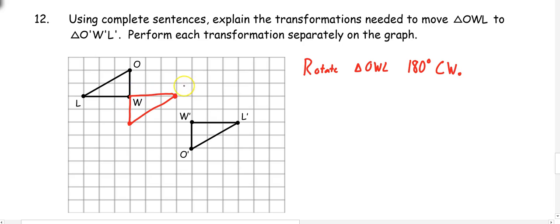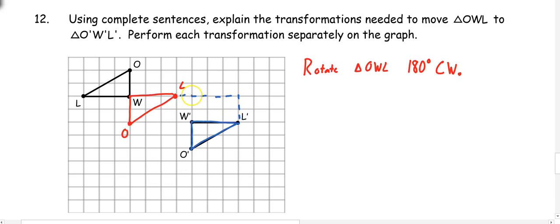So once I've done that, I now have O and L and W. Now my points are in the right place, but I need to move them so that they line up correctly. So in order to do that, I need to figure out, just pick one point. So I'm going to pick L. How do I move L to become L prime so that my triangles will overlap?